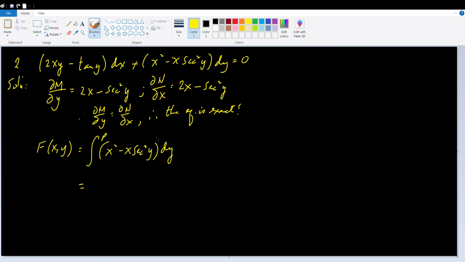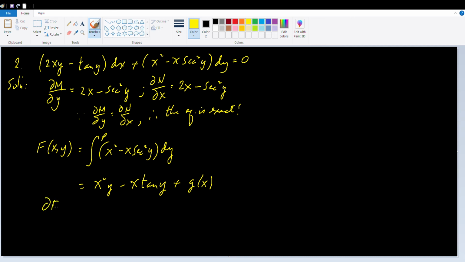For x squared dy, it is just the integral of dy, which is y, times x squared. Minus, x is a constant, and the integral of secant squared y dy is of course tangent of y, plus the constant, which could be a function of x, because we are integrating partially with respect to y.